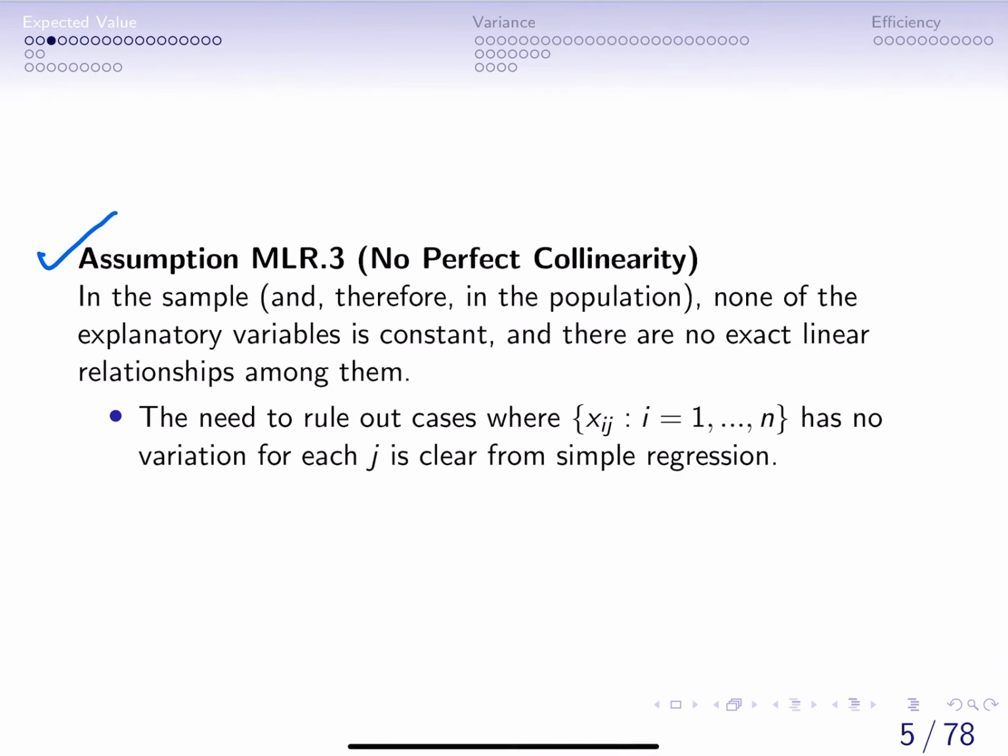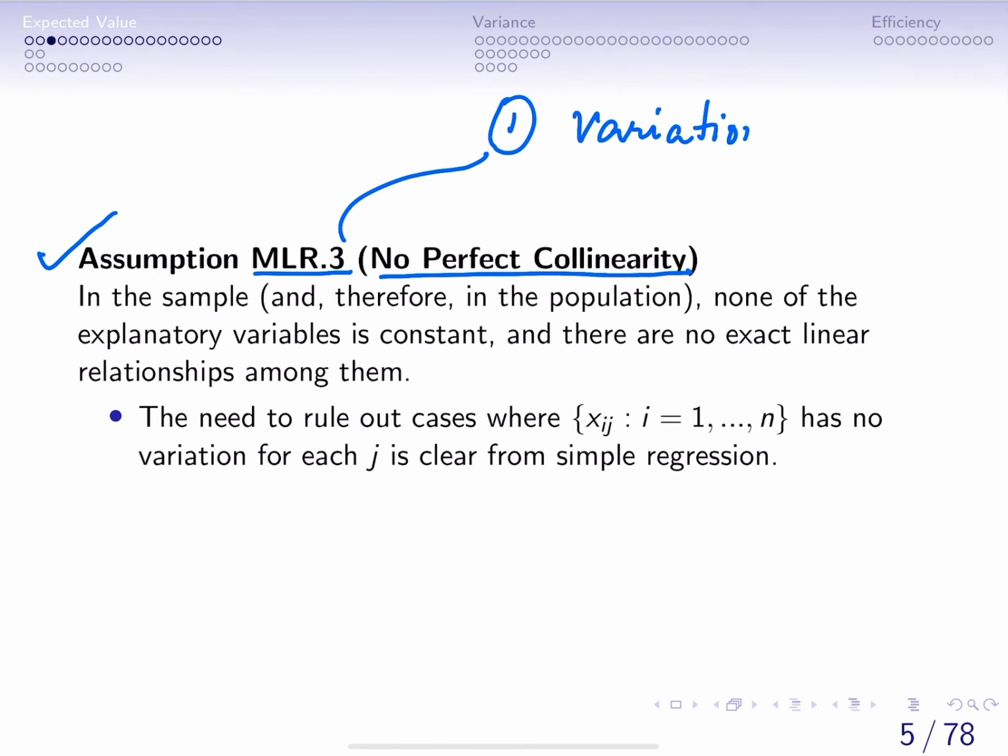The third assumption is going to be a little more involved because we have more x's, or more independent variables now. In the simple linear regression case, we only had one x. So the assumption says that there should be no perfect collinearity. Now, I would split this into two things. So the first thing you want when we're thinking about this third assumption is that you want some variation in your x's, so variation in your explanatory variables.